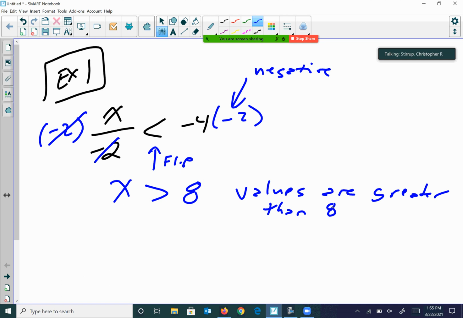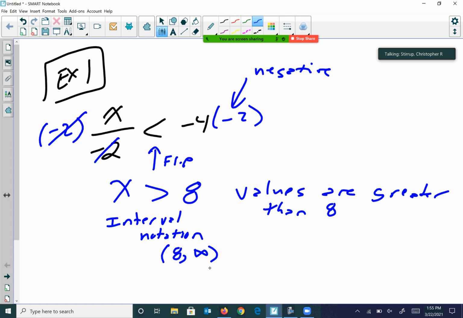Okay, so if you were to do this in interval notation, you'd say, well, I have a starting point at 8 and we go to infinity, and it's a rounded bracket because I don't have an equal sign.